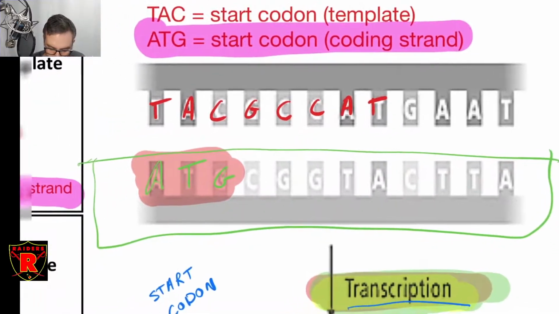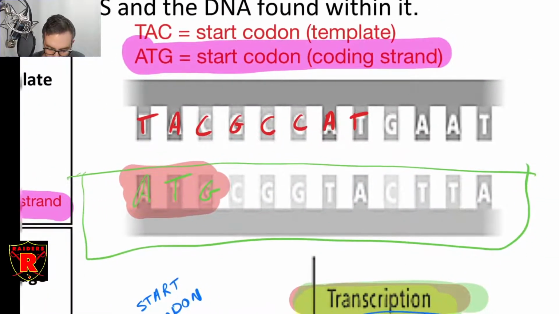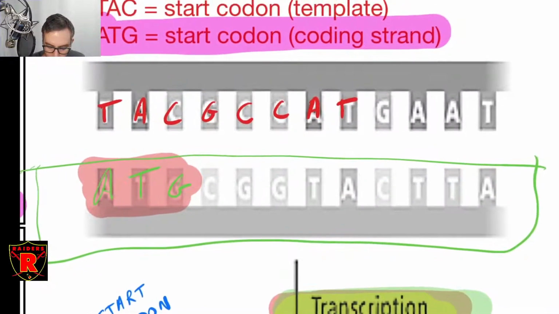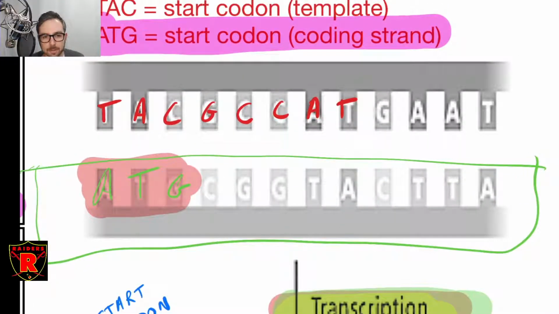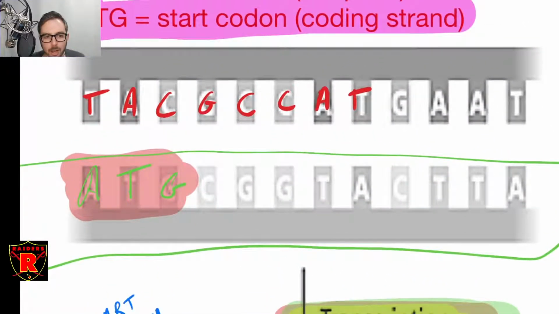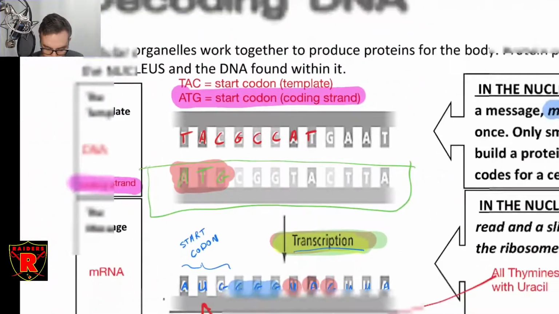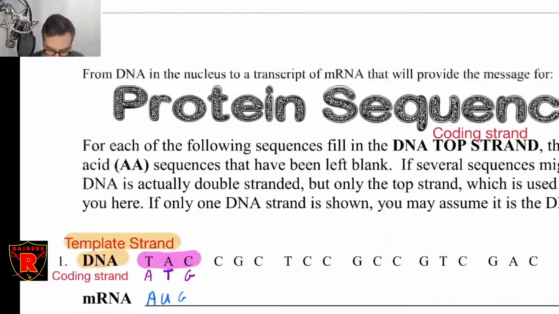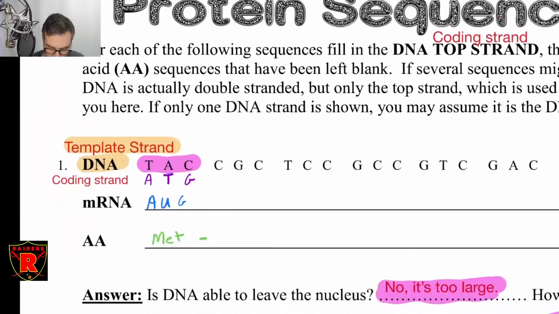And what's shown here are two different strands. We have what's called the coding strand. So the coding strand is shown here on the bottom. I believe that in all of my examples, I draw the coding strand on the bottom. Yes.